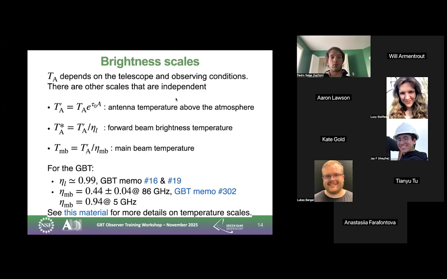So the first thing that one should do is correct for the effects of the atmosphere, right? If we're observing at 22 gigahertz, for example, there's this big, deep absorption feature from water. So we want to take that into account. And we do that by going to this scale, which here we call TA prime. So that's the equivalent antenna temperature above the atmosphere. We're only correcting for this absorption due to the atmosphere.